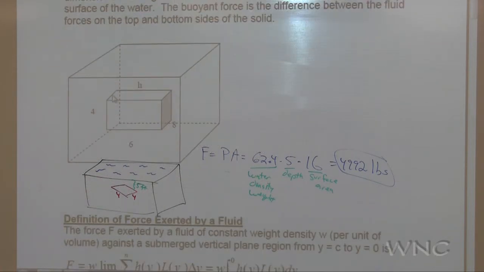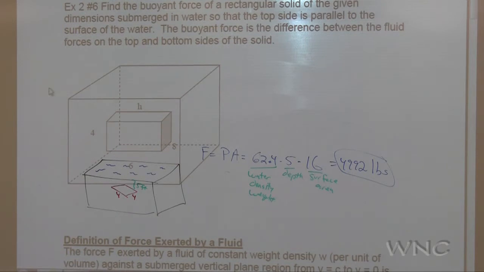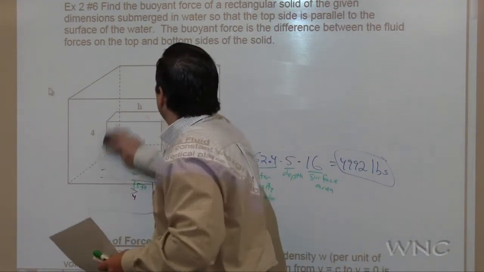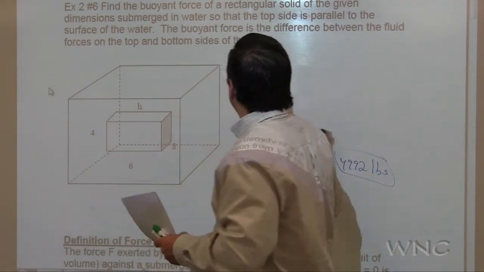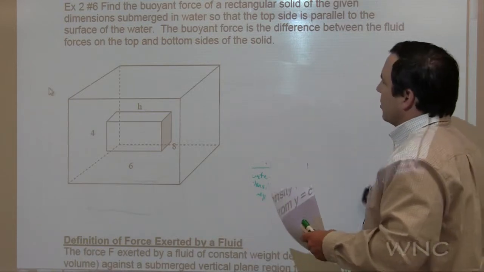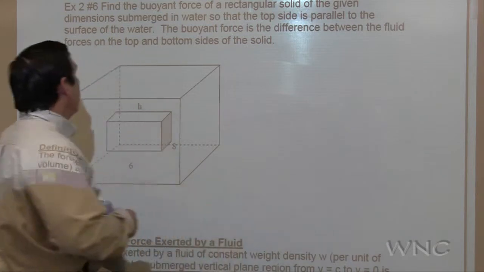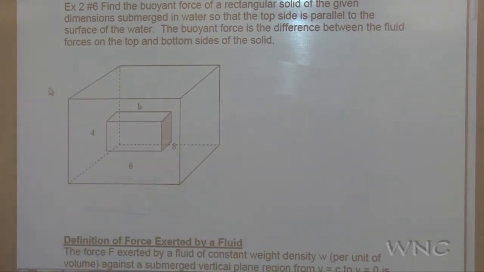In example 2, find the buoyant force of a rectangular solid of the given dimensions submerged in the water so that the top side is parallel to the surface of the water. The buoyant force is the difference between the fluid forces on the top and the bottom sides of the solid.